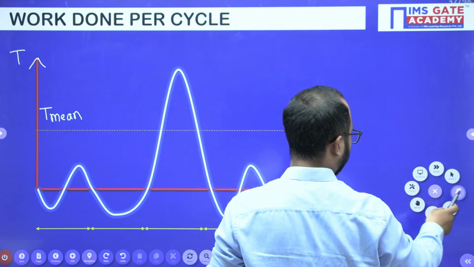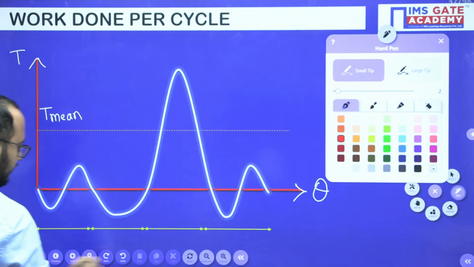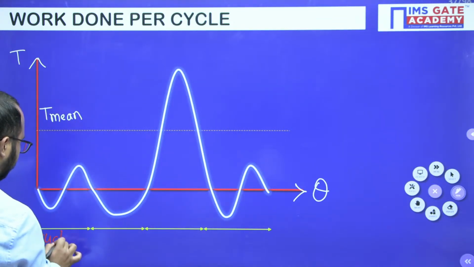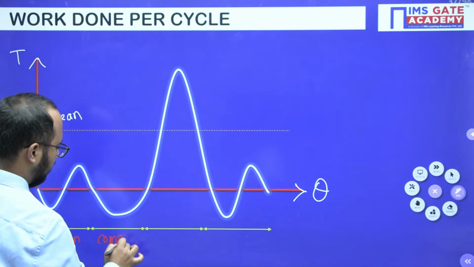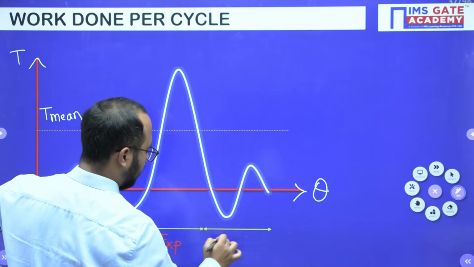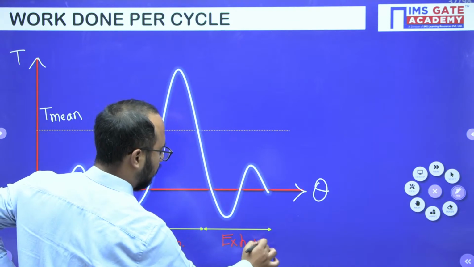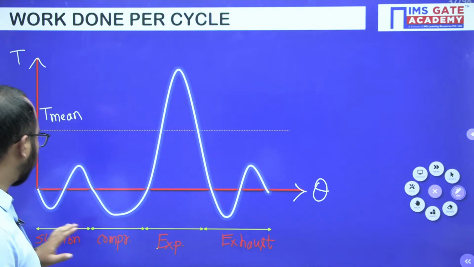And if I talk about the variation part, see, this part is what we are having as a suction. Here we'll have a compression. Here we'll have expansion. Here we will have exhaust. Right? Exhaust, expansion, compression, suction, like this.